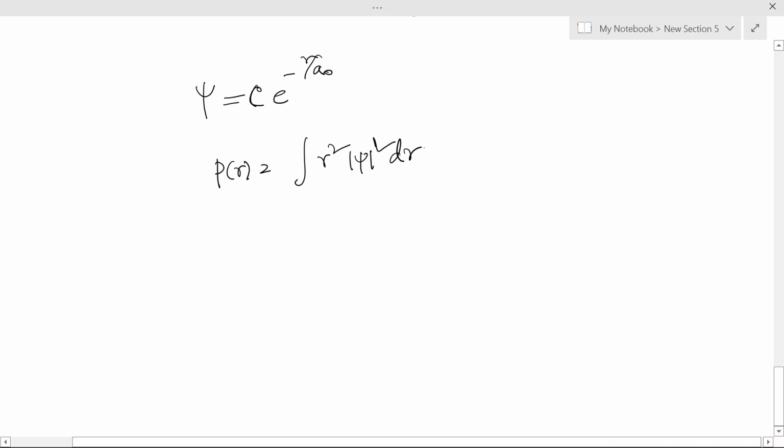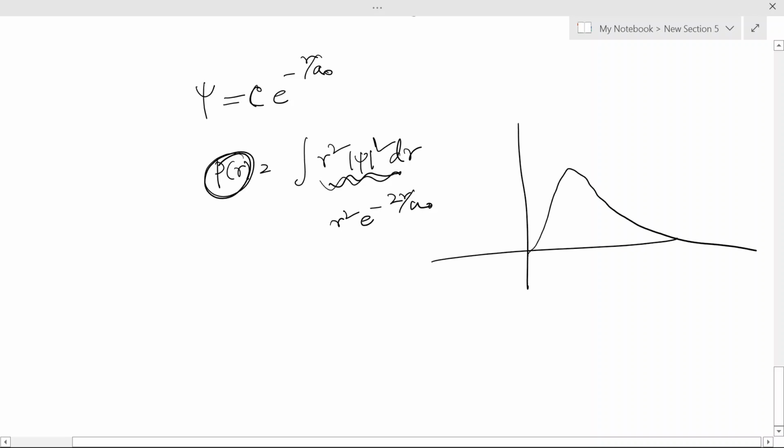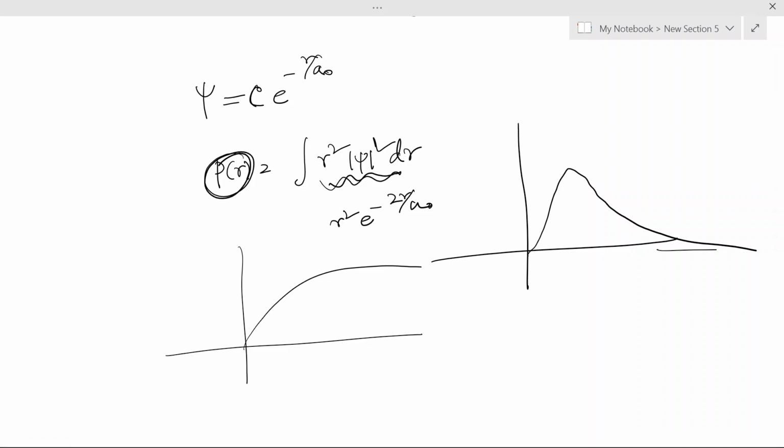So if you plot only P of r, you have to plot r square into e to the power minus 2r by a naught, and the graph should look like this. But the answer is given as this. I don't know how that makes sense. Maybe I am missing something, but it looks trivially easy for me, but I don't know what can be done.